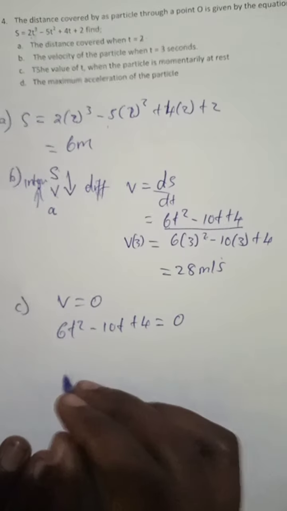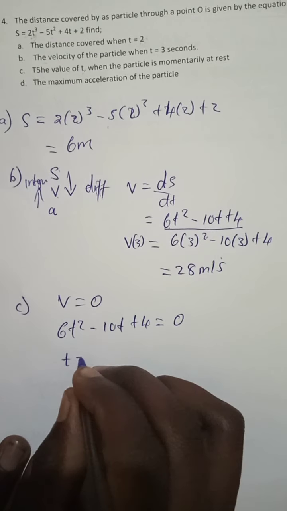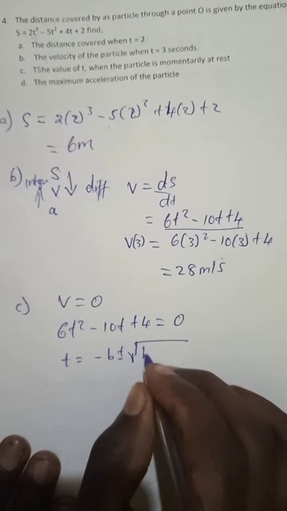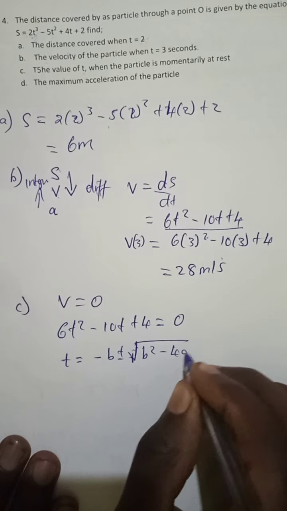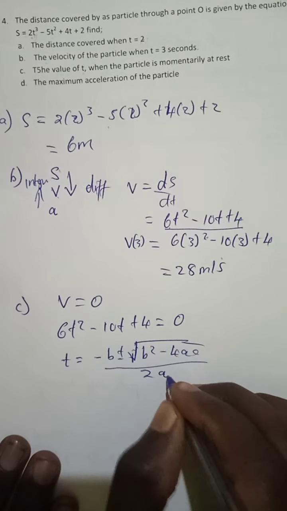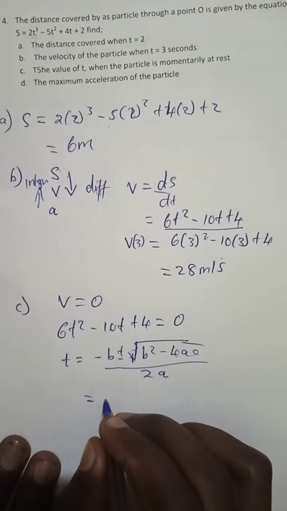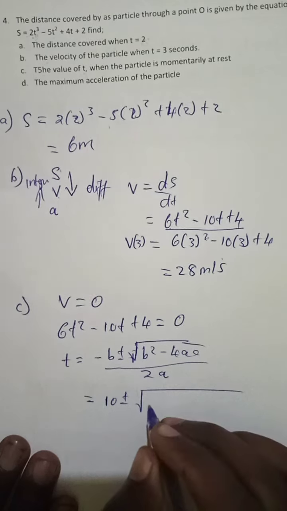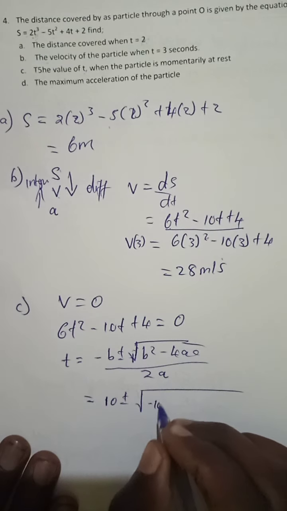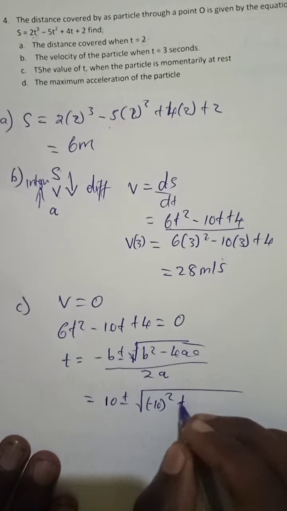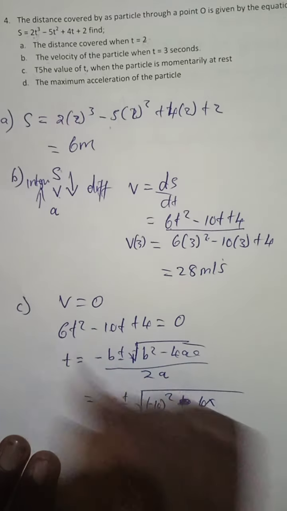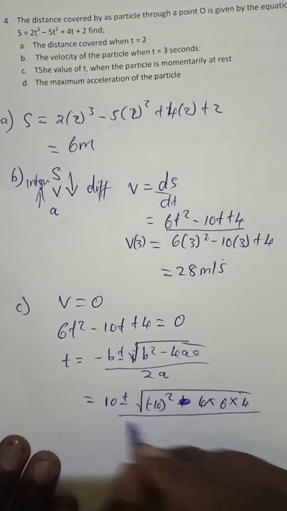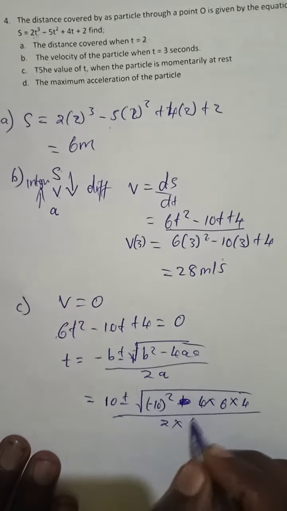It's a quadratic equation. Using the quadratic formula, t = (−b ± √(b² − 4ac)) / 2a. Remember, our b is −10, so −b leaves us with 10 plus or minus the square root of (−10)² − 4 times a, which is 6, times c, which is 4, the whole of it divided by 2 times a, where a is 6.